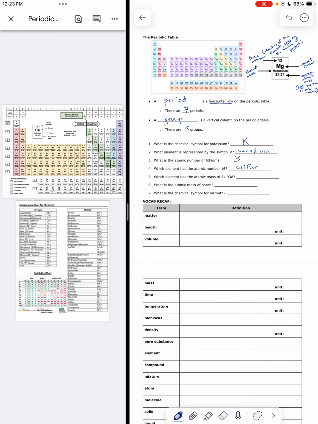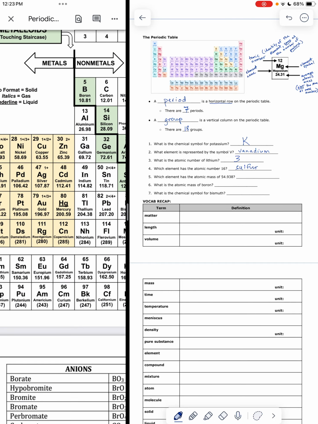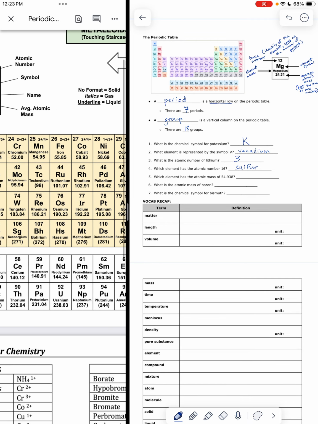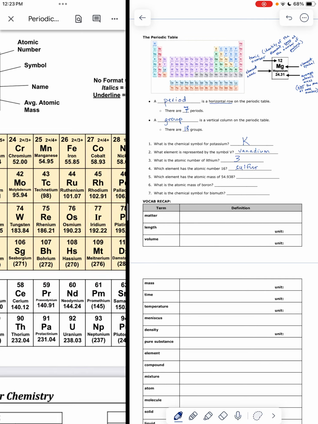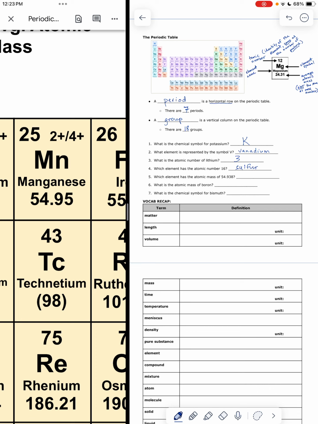There we go. 54.93, so we keep going. And the closest one we have, that might have been a little off, 54.938, that would be manganese, M-A-N-G-A-N-E-S-E, manganese. Fun fact, that is what makes fireworks sparkle and fall, kind of like tassel in the sky.